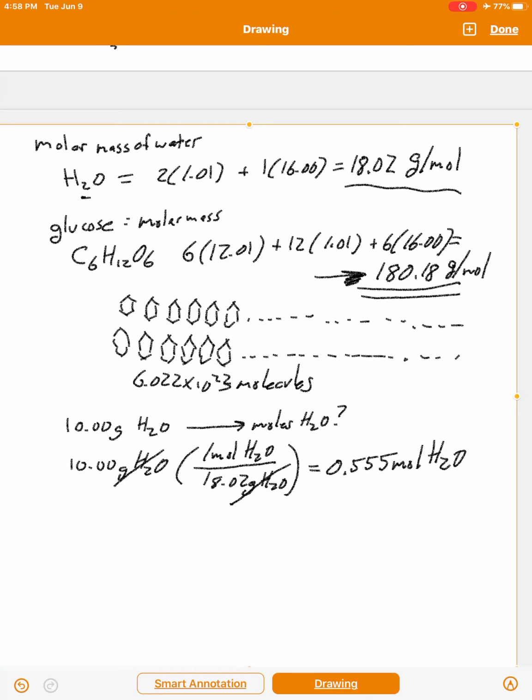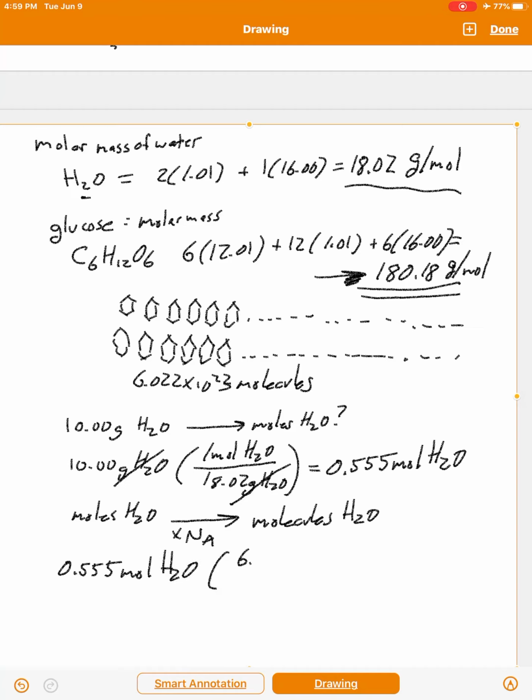And then if you wanted to find out the number of molecules, so if I have the moles of water, which I just calculated, and I want to find the number of molecules of water, what you do is you multiply by Avogadro's number. Avogadro's number is the conversion between moles and molecules, or moles and atoms. So 0.555 moles of water, you multiply it by Avogadro's number.